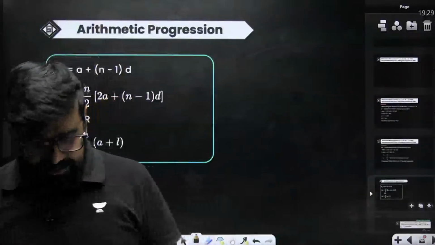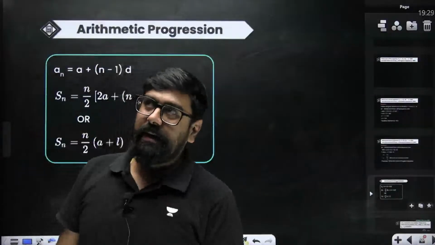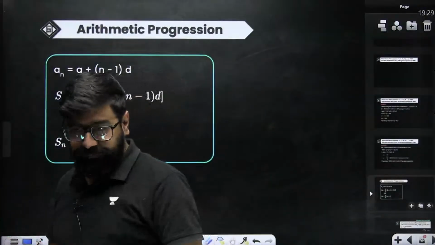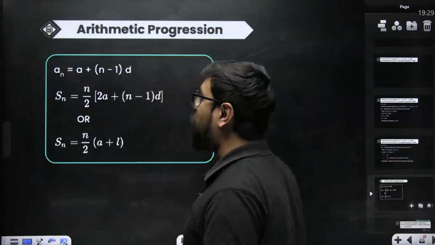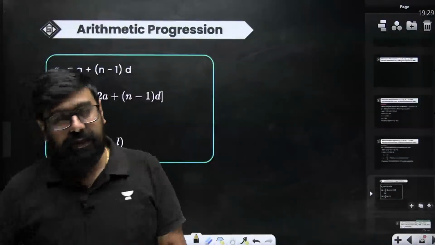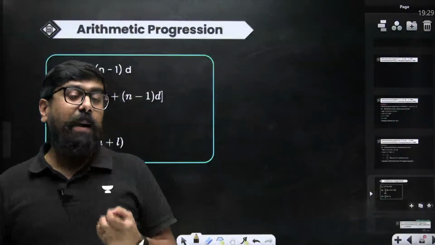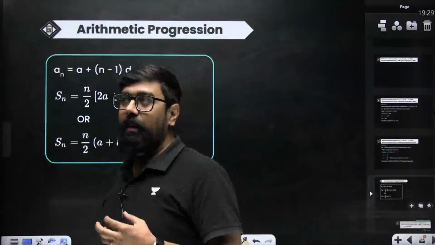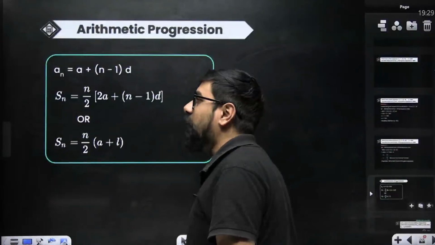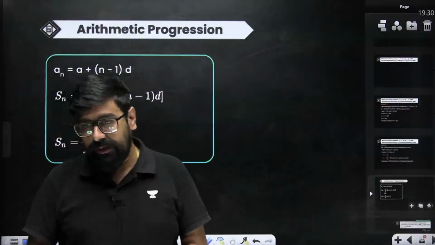Some amazing type of series to learn and some good questions to solve. You'll get a lot of confidence over math, a lot of confidence over patterns, basically. A good mathematician is always observant.